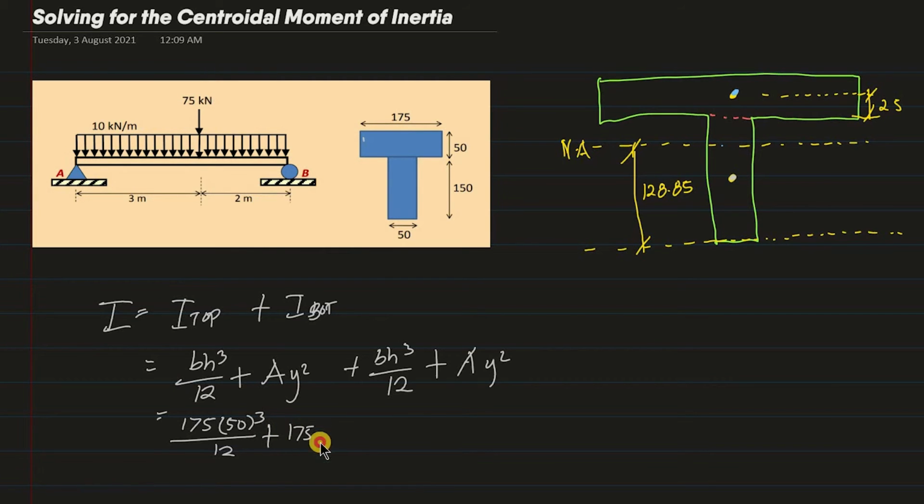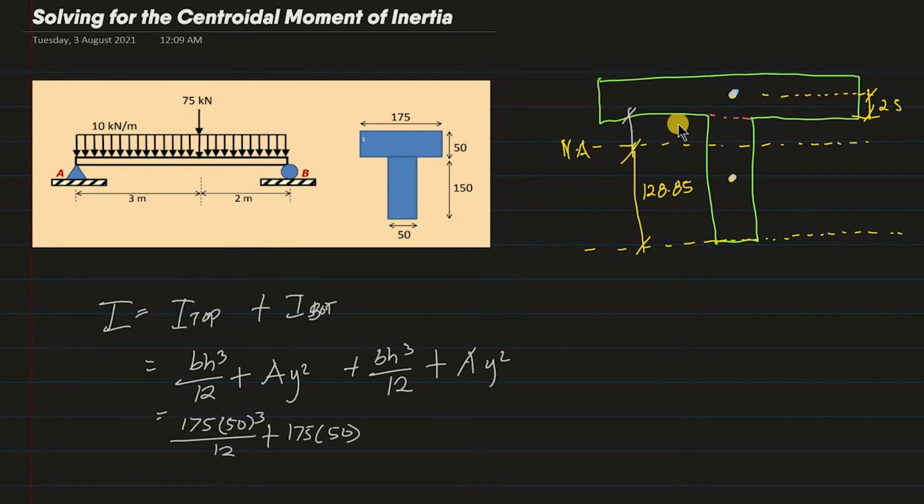So, 175 times 50. Ano yung y, or the distance from our centroid to the neutral axis? That would be equal to, since ito 128.85, edi yung natitira na lang dito ay equal sa solve natin. Kasi di ba yung buong ito ay 150. And kapag 128.85 lang, isubtract na lang natin. 150 minus 128.85.